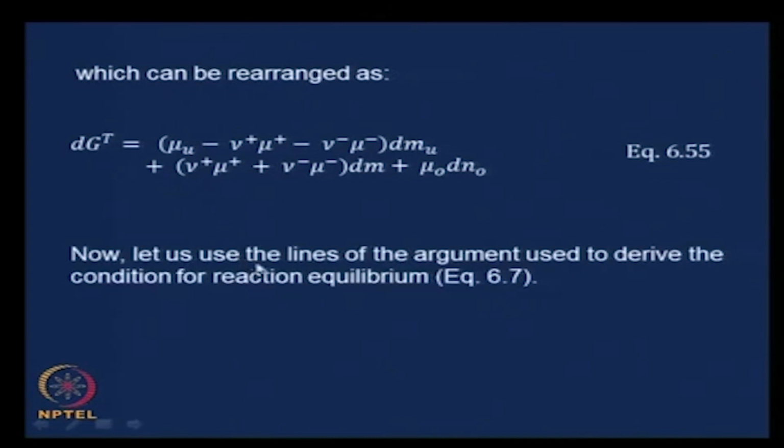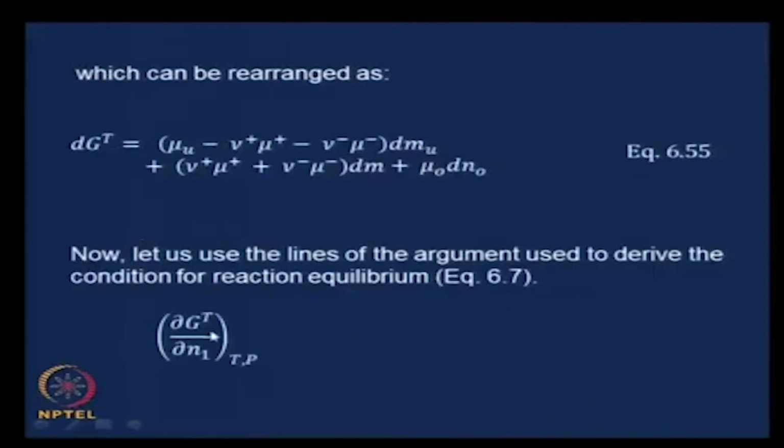And now let us use the lines of argument used to derive the condition for reaction equilibrium. If you recall, we had free energy, and the free energy changes with the reaction coordinate or the number of moles. Therefore, if you take the partial derivative of that with respect to the reaction coordinate under certain constant conditions, then since this is the minimum at equilibrium, the slope of this curve, the free energy versus the reaction coordinate or the number of moles, would be 0.